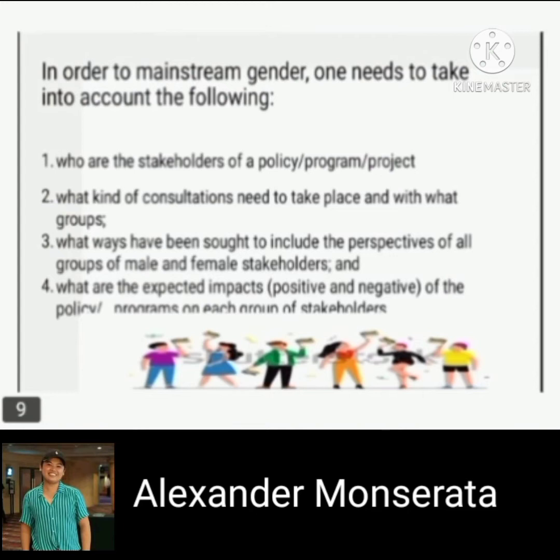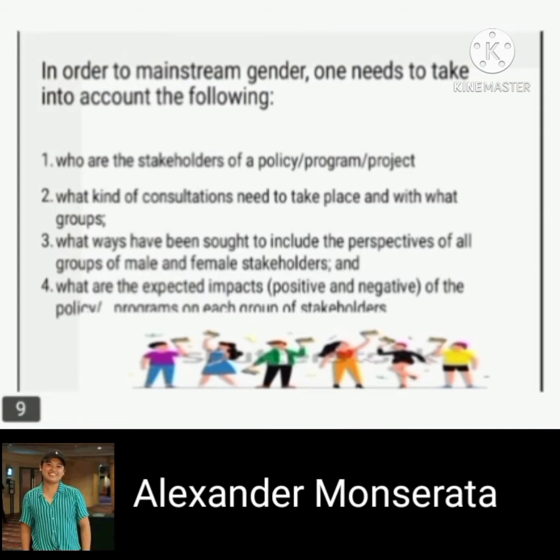So this list below are the things that need to be accepted and done to help those people who are in the third gender community: who are the stakeholders of the policy, program, or project, what kind of consultation needs to take place and with what groups, and what ways have been sought to include the perspective of all groups of male and female stakeholders, and what are the expected impacts, positive and negative, of the policy or programs on each group of stakeholders.